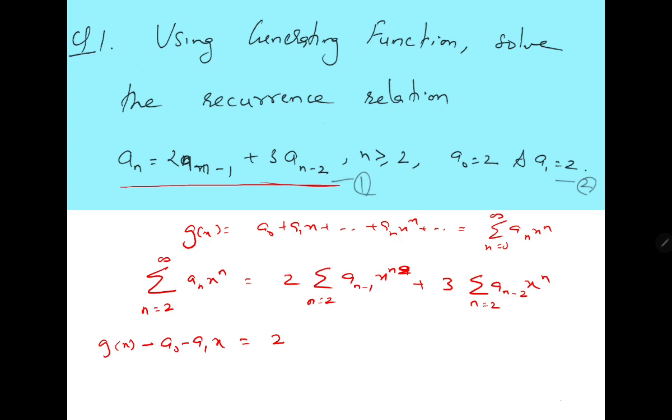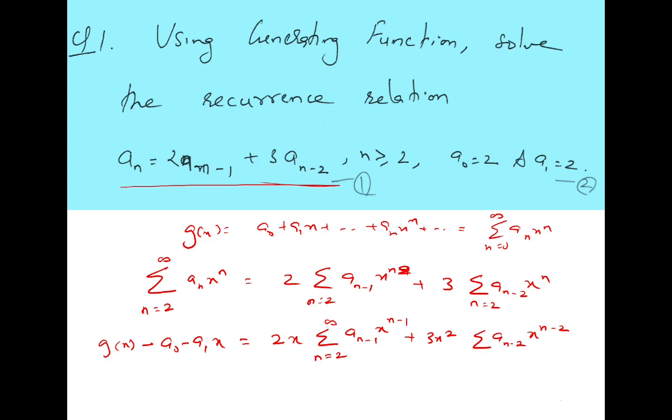In the next term, I should take x outside and see how it looks. So it is the sum from n equal to 2 to infinity of a_(n-1) x^(n-1), and in the last term I will take x square outside and write it like this.